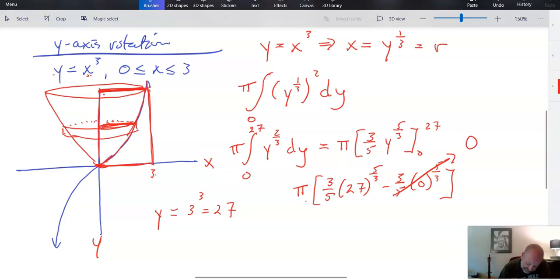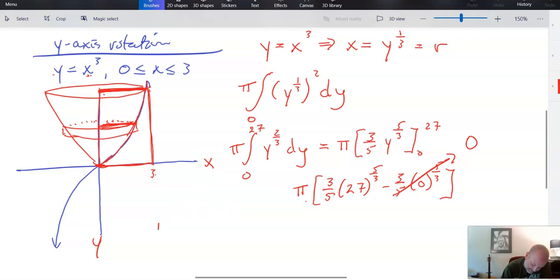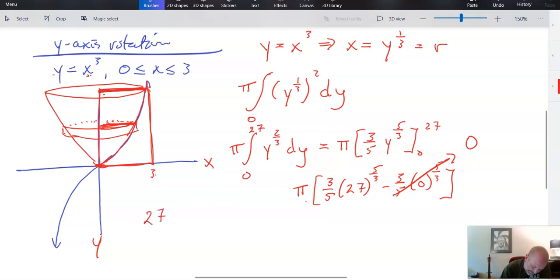So let's just do a little scratch work on the side here. If I take 27 to the 5/3, oh, that's interesting. Okay, so what that is, the cube root of 27 raised to the 5th power. So far, so good. Cube root of 27 is 3.